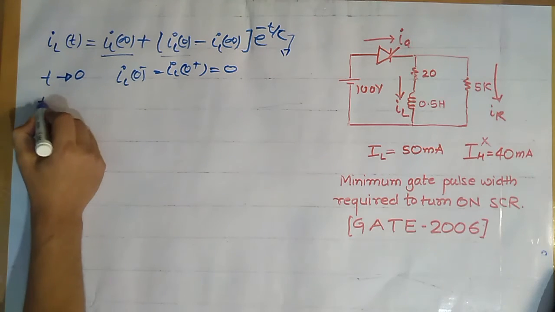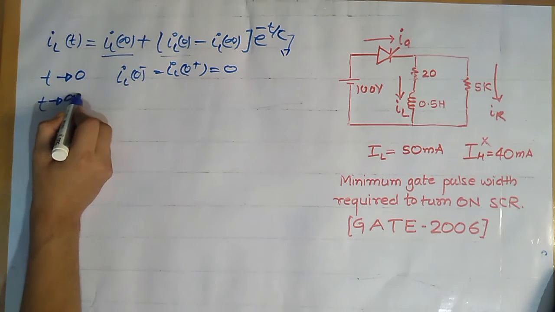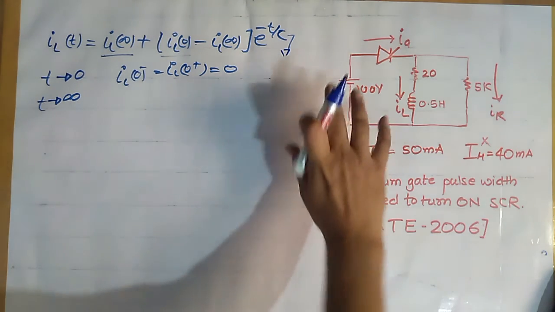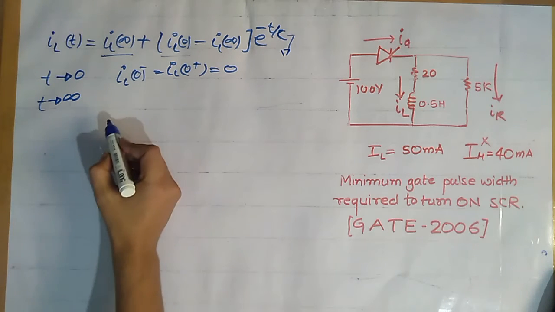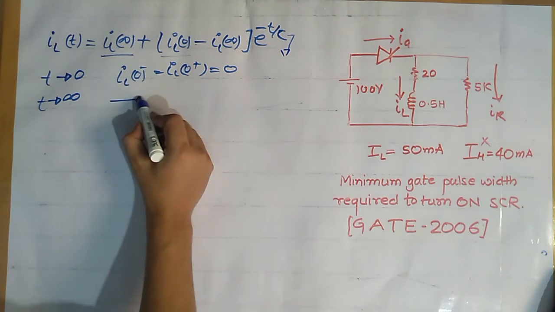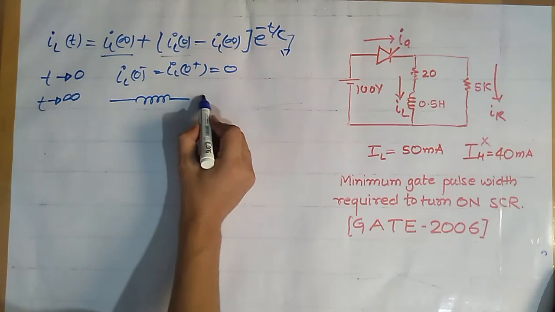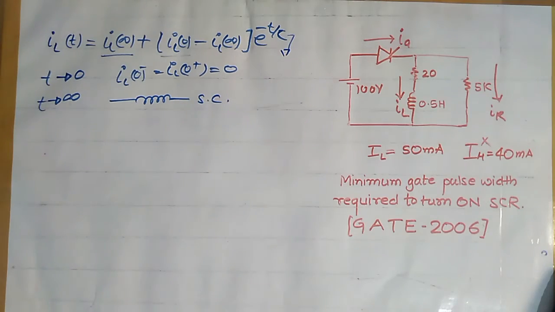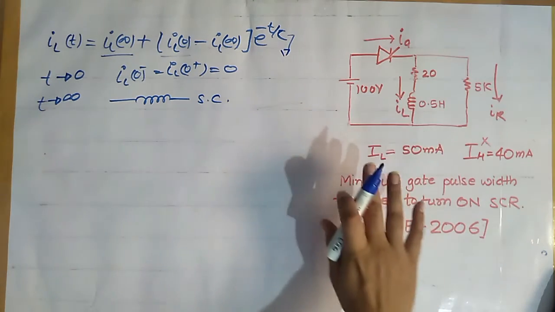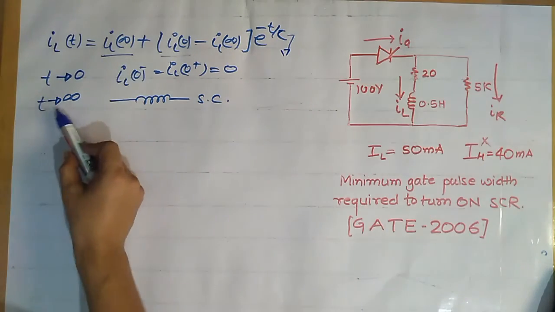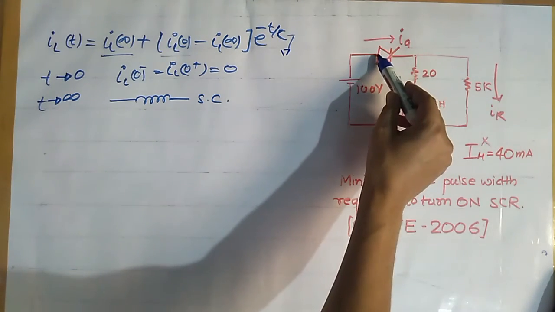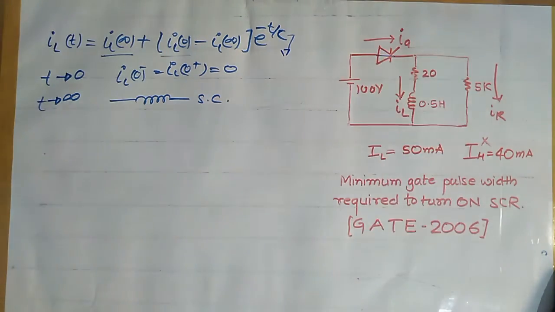Now at t tends to infinity, what happens? This is a DC voltage source, and during steady state this inductor acts as a short circuit. At t tends to infinity, this SCR gets turned on, that's why it also gets short circuited.